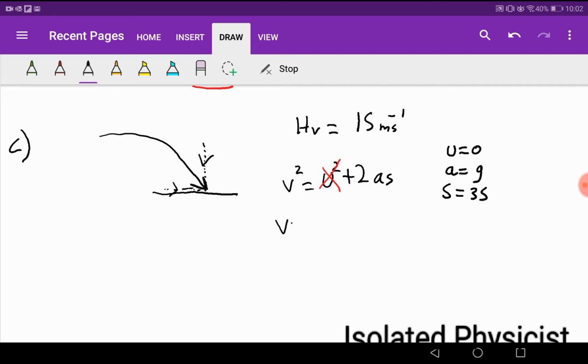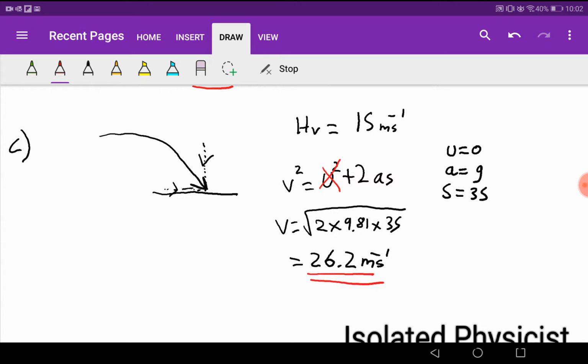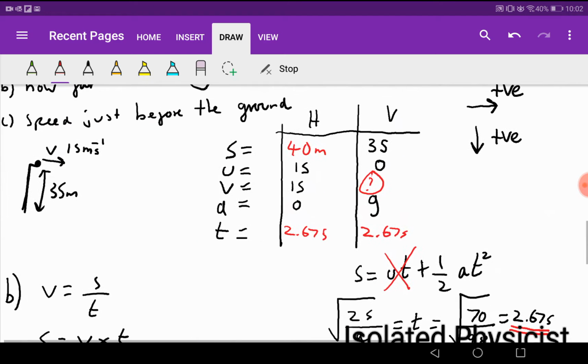So that makes V equal to the square root of 2 times 9.81 times 35, which equals about 26.2. And I would go ahead and put it up here.